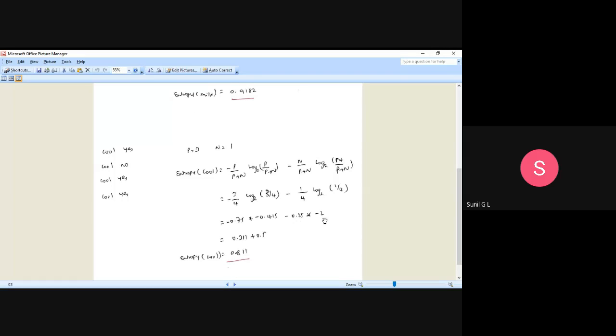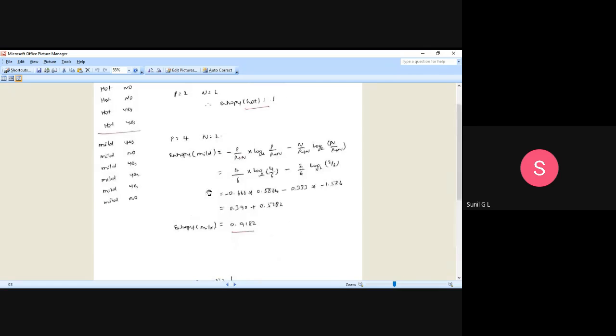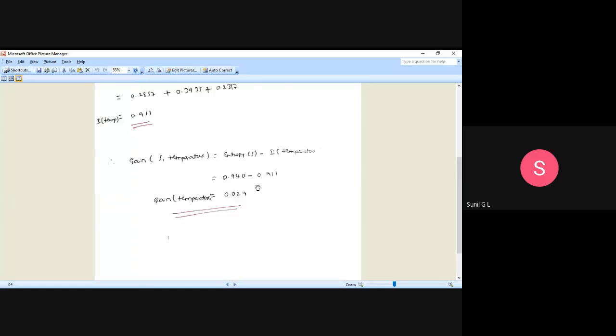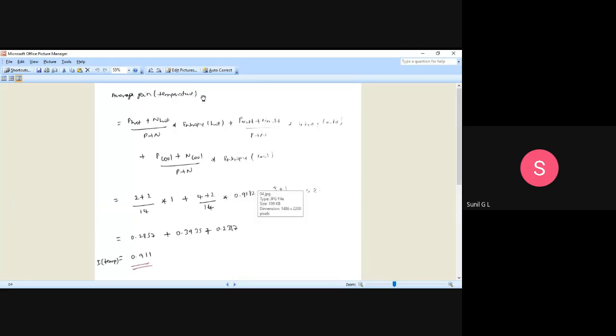When I add these, the entropy of cool is 0.811. So we have calculated entropy of hot, entropy of mild, and entropy of cool. Then after that, what do I need to do? I need to calculate information gain, the average information gain of temperature. So how do we calculate?